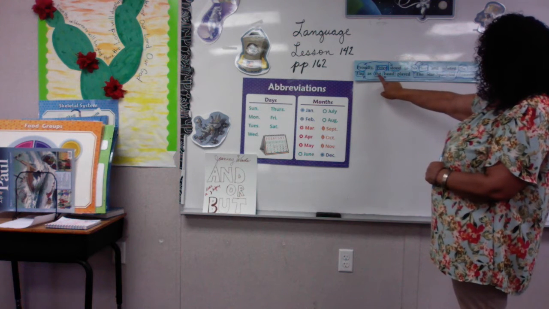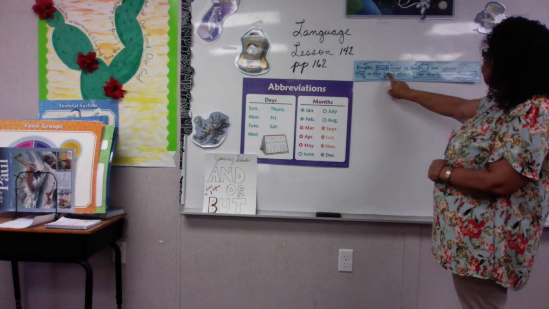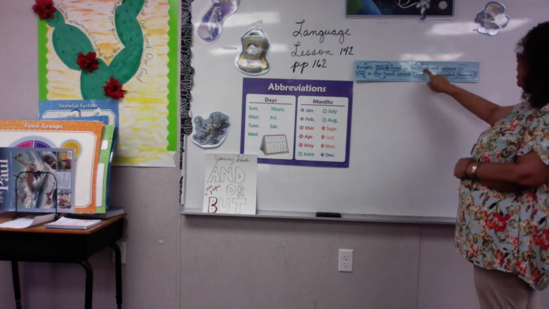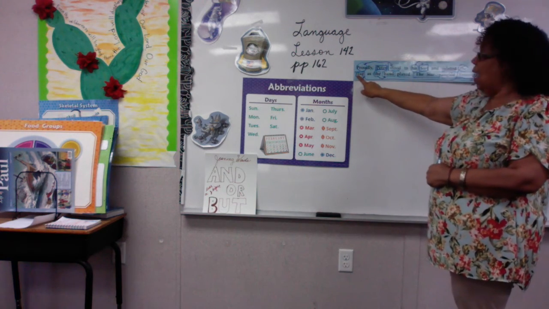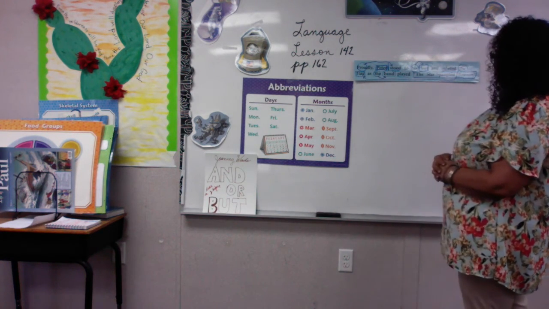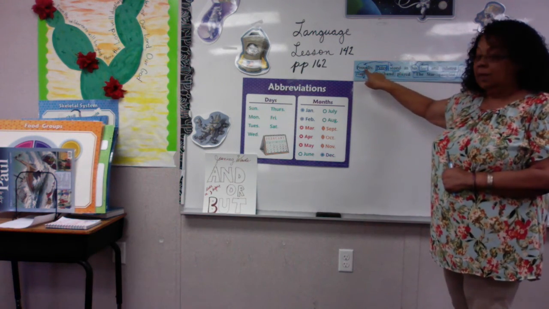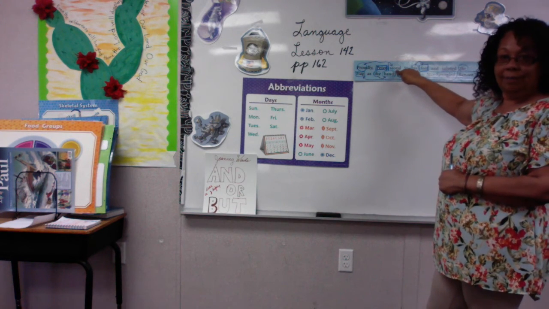The is an adjective and it's describing band. His is an adjective and it's describing feet. The is an adjective and is describing flag. Proudly is an adverb and it is modifying or describing stood.